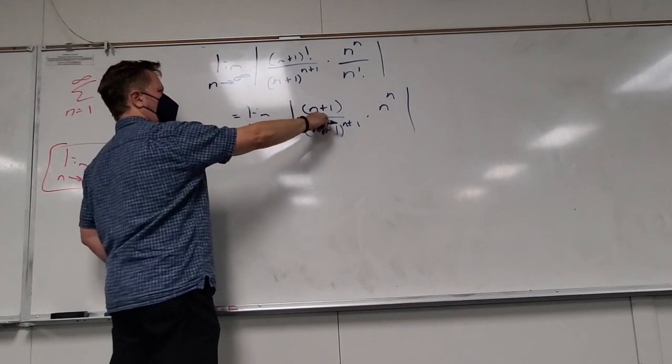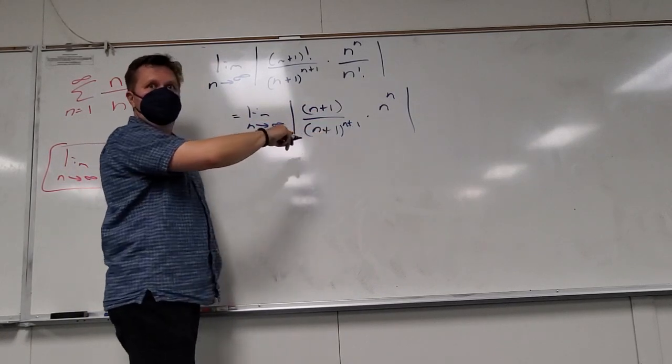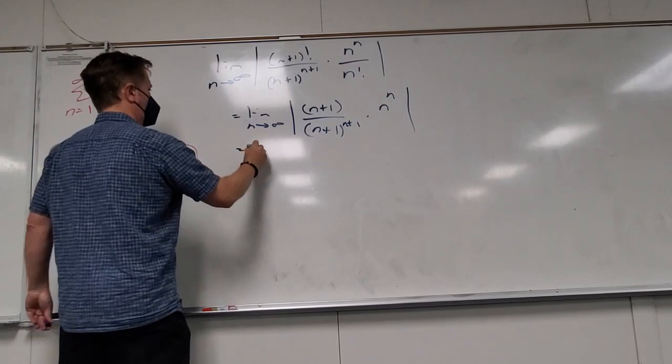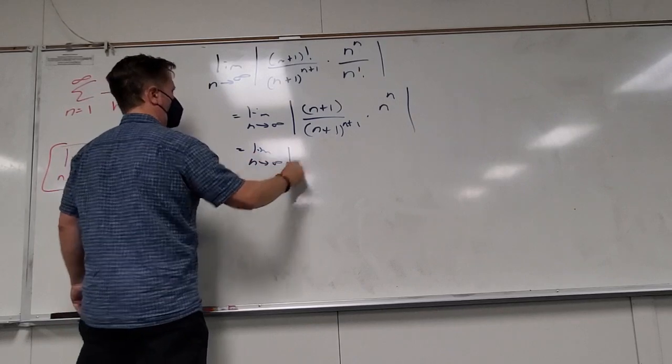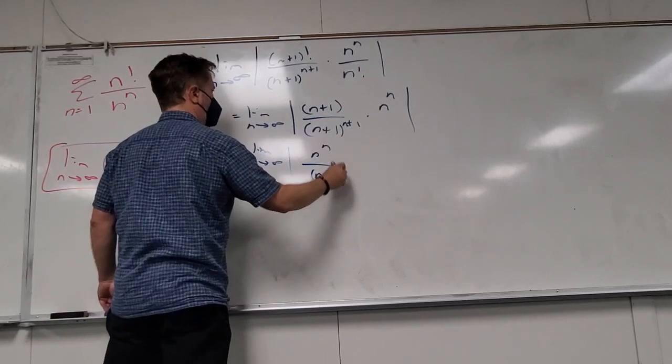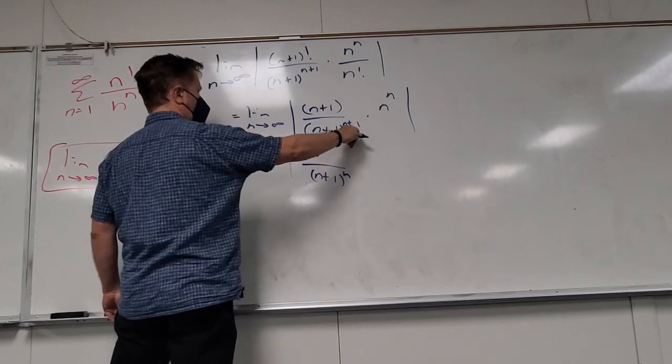Do you see how this is one n plus one and this is n plus one n plus ones? So how many n plus ones cancel? One, so then I get n to the n on top over n plus one to the n, because I lost one of them.